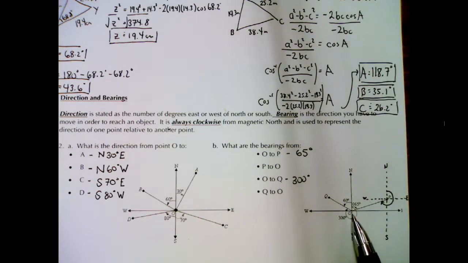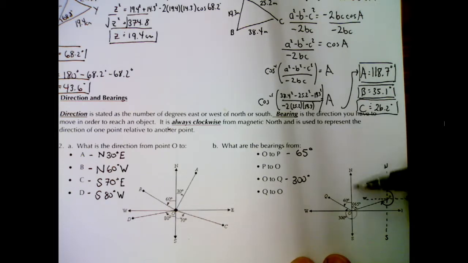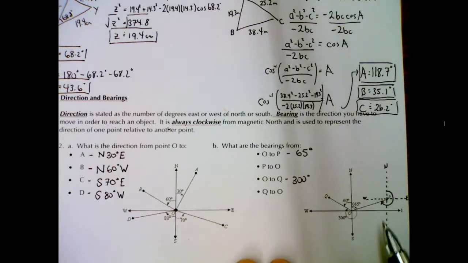And to find the angle that's represented there, you might have to use some of your patterning. So east and west lines, north and south lines will always run parallel with each other. And if you take a look, here's a backwards Z. So there's kind of a Z pattern that we can use to figure out what this angle would be.